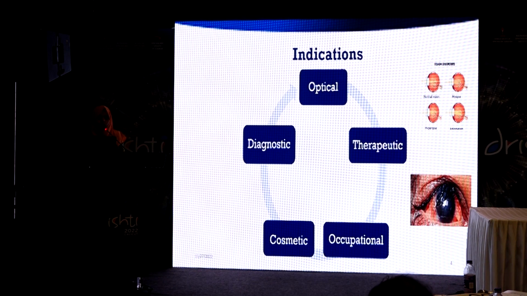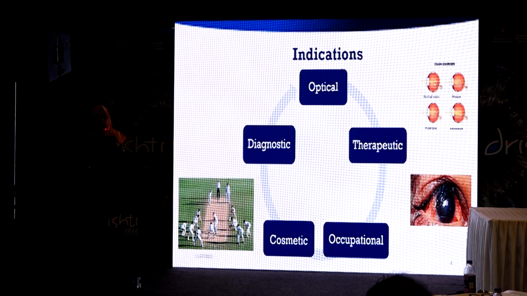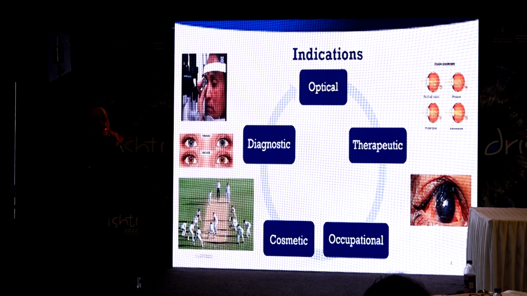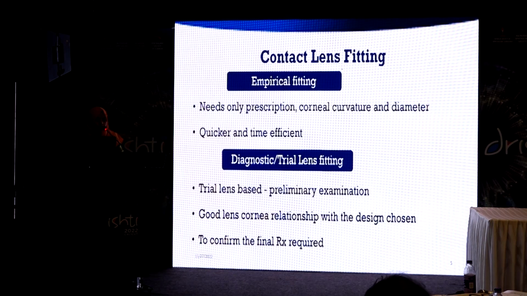Therapeutic: for treating corneal ulcers or for trichiasis, entropion, ectropion, etc. Occupational: mainly for sports people, pilots and actors. Diagnostic: mainly for gonioscopy. And for cosmetic purposes, if the patient wants color contact lenses, and for conditions like phthisis bulbi, which will be treated with cosmetic lenses.